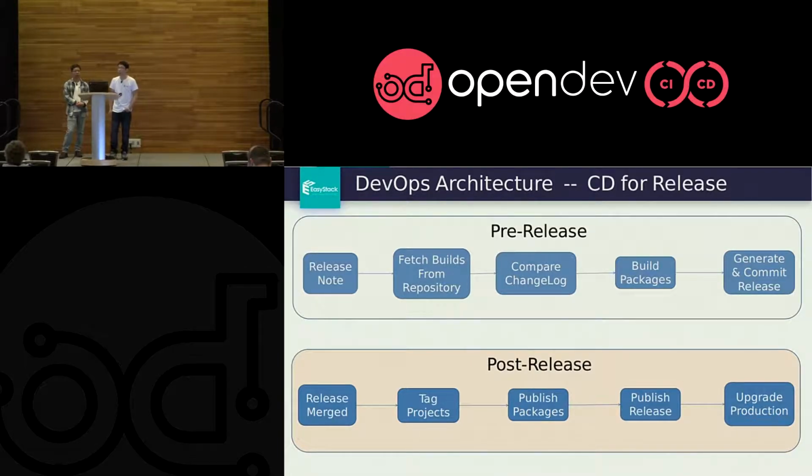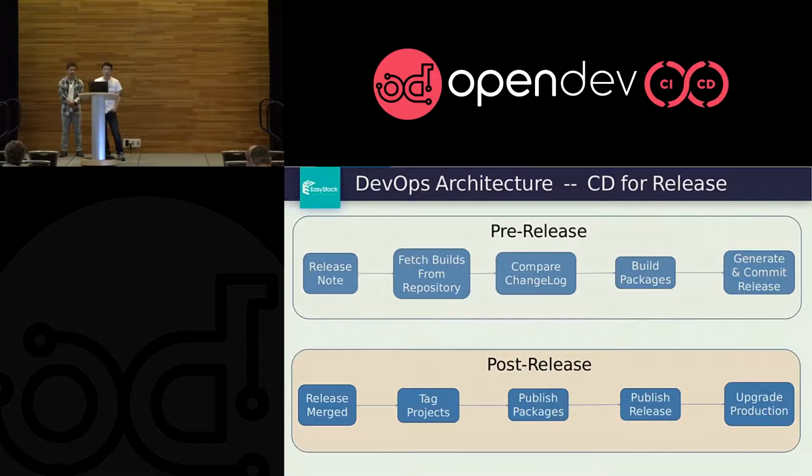The next one will be CD for the release. Our release procedure has two phases, the pre-release and the post-release. For the pre-release, we take a release note as input. From the release note, we know which parts will be released, for example the key components Nova, Neutron, Cinder, Keystone, and which version will be released.